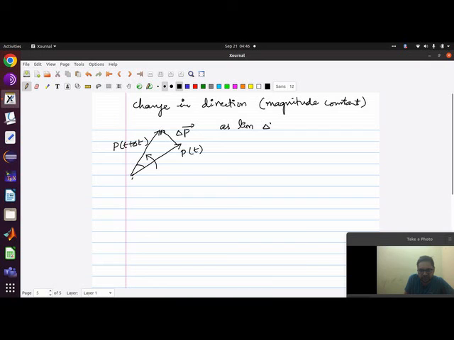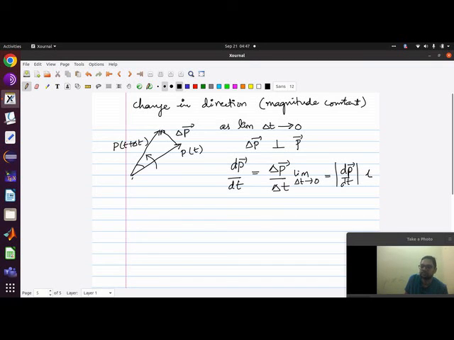This will be your delta P. As delta t tends to 0, these two come closer to each other and delta P becomes perpendicular to P. So dP by dt, which is nothing but delta P by delta t as the limit delta t tends to 0, becomes perpendicular to P. So this will be dP by dt times t cap, where your t cap is nothing but k cross d cap.